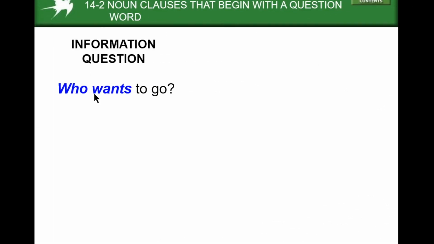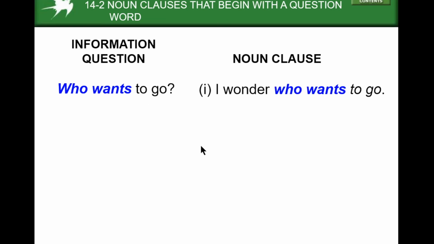In this slide, we have the question, who wants to go? And our sentence is, I wonder who wants to go. You will notice here that the question word order and the noun clause word order are actually the same.